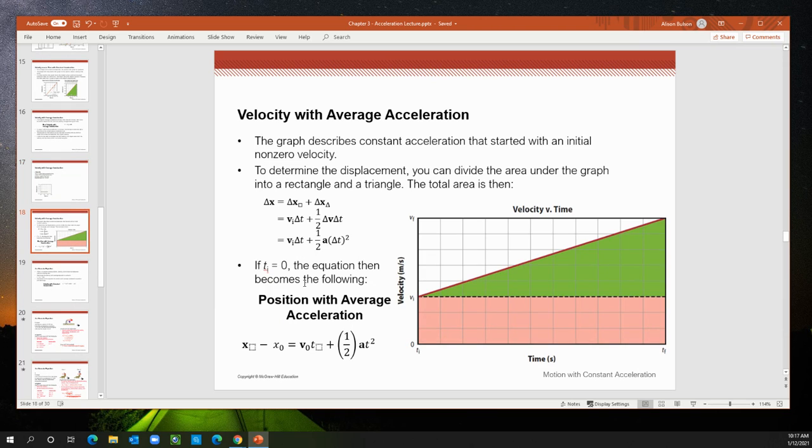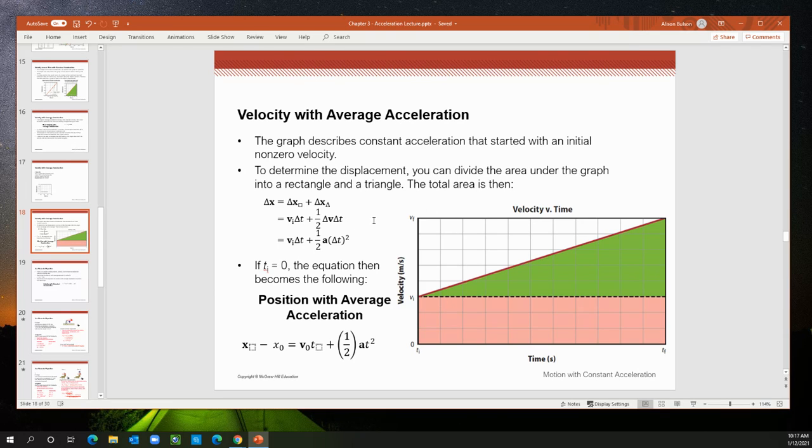So finally, we try to make that as broad as possible with a velocity versus time graph with a changing velocity. And so here we will need to find the area, the pink area below, which is a rectangle, so base times height, plus the green area, triangle, half times base times height. And it's not important for you to be able to recreate this derivation.